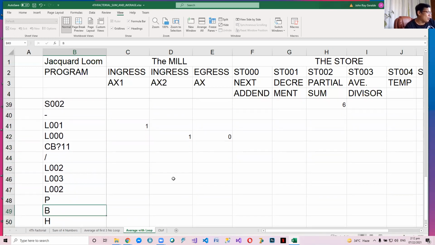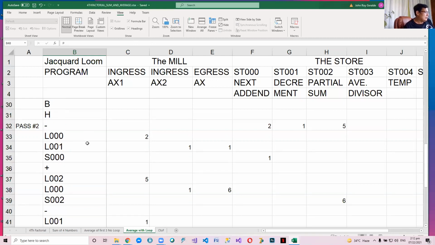Instead, we will move forward. So we'll do a divide. L002, which is 6, and L003, which is 3. Do you follow? This is wrong, this will be an S002, I'm sorry. It should be S002 because that will store the final answer.